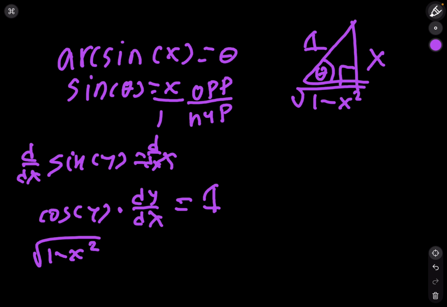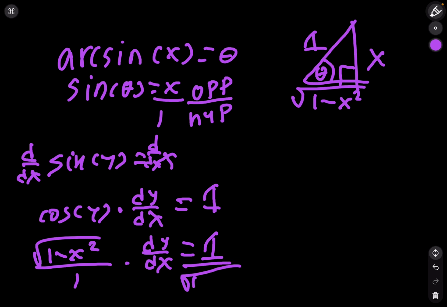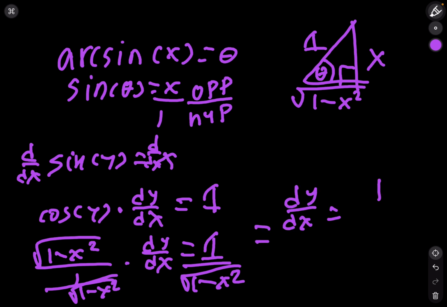Then our hypotenuse is just 1. Times dy/dx is equal to 1. And this is the cool thing. Watch. You can just divide both sides. Isn't that so cool?